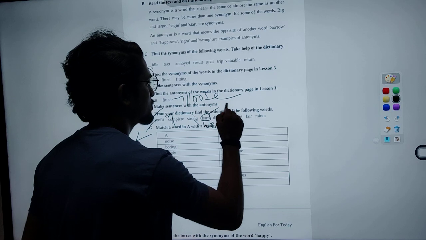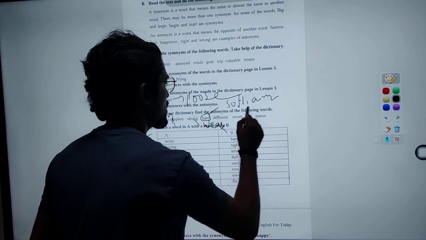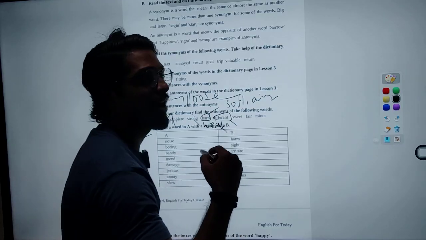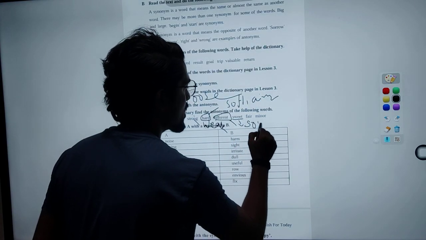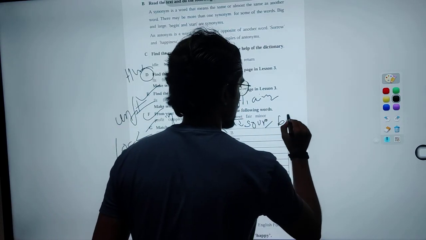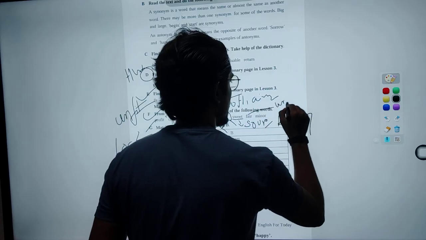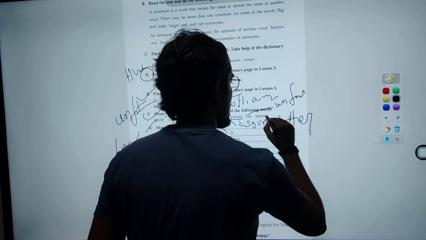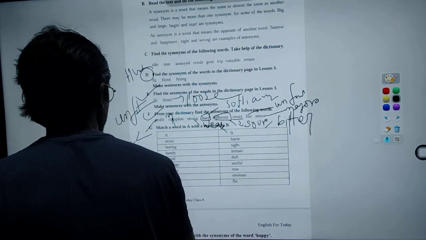Hard, soft or airy. Different, similar or likewise. Sweet, sour or bitter. Fair, unfair. Minor, major.